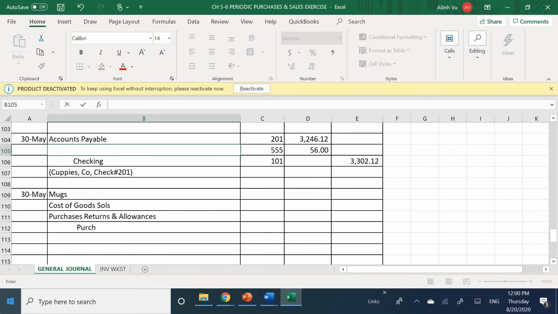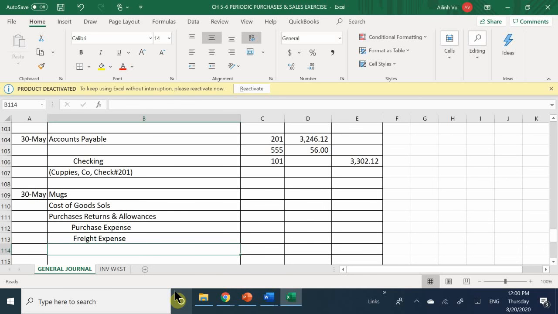Oh, yes, so purchase expense. Okay, so purchase expense. And then freight expense. Okay?